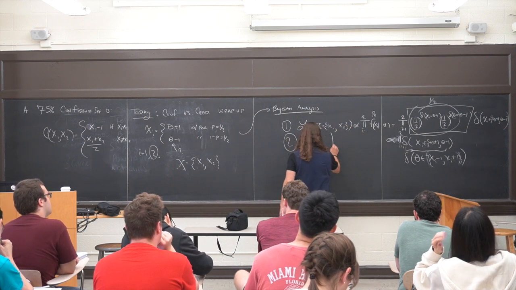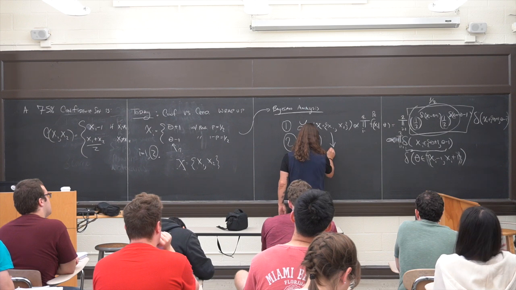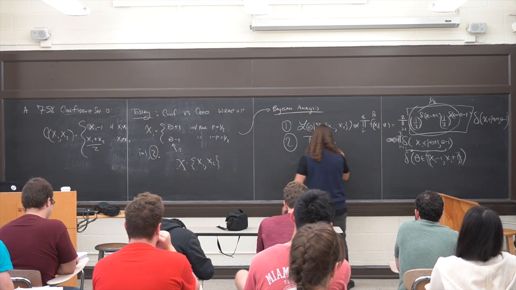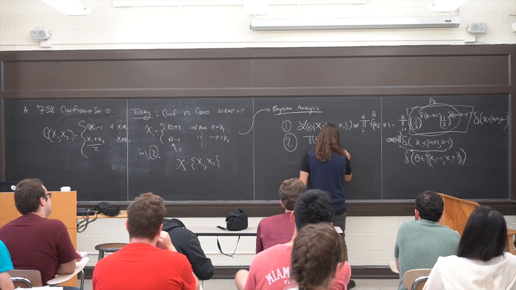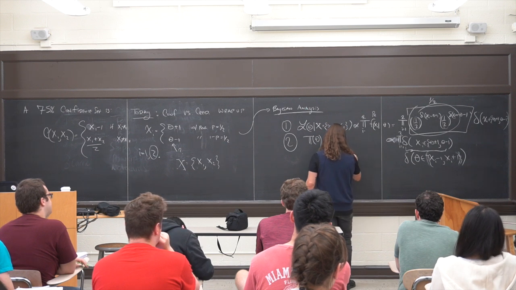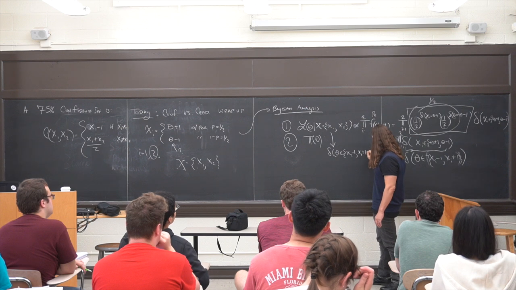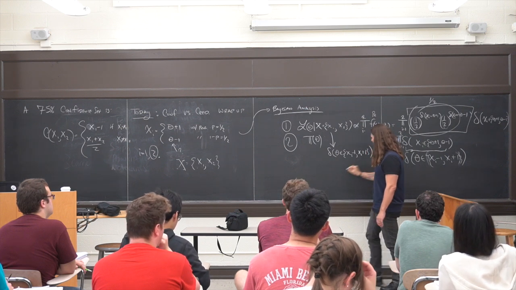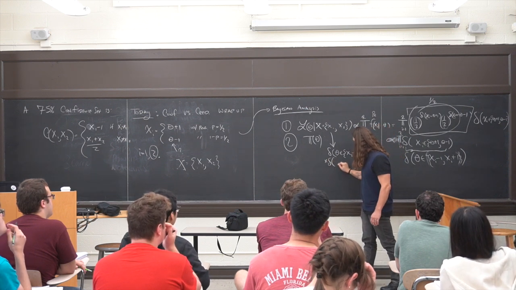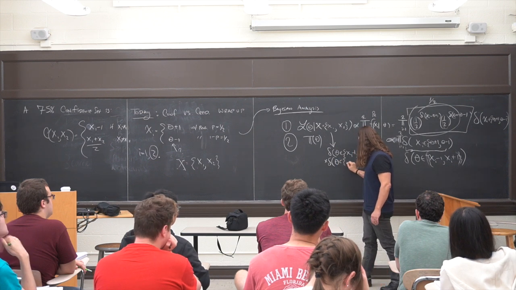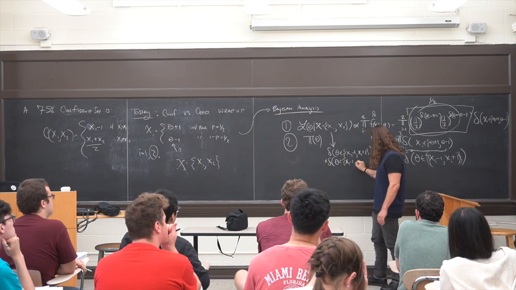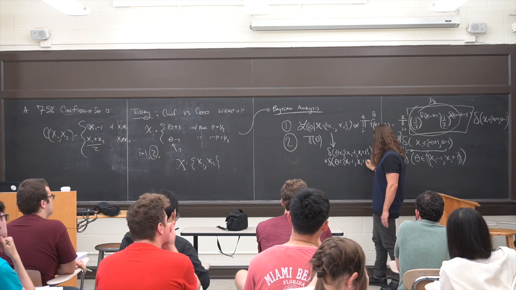So our likelihood function at the end of the day is just delta function, theta is an element of x1 minus 1, x1 plus 1, times delta function, theta is an element of x2 minus 1, x2 plus 1.